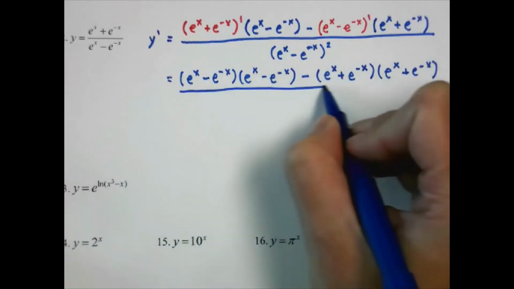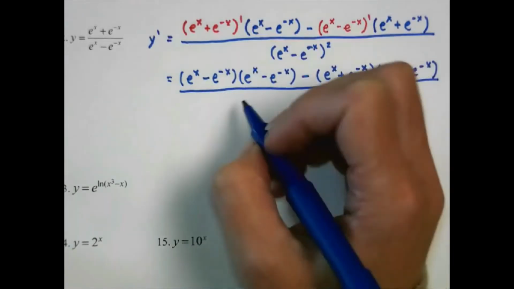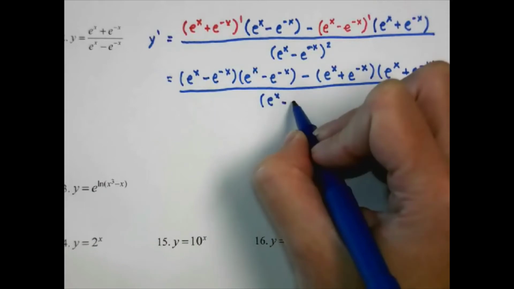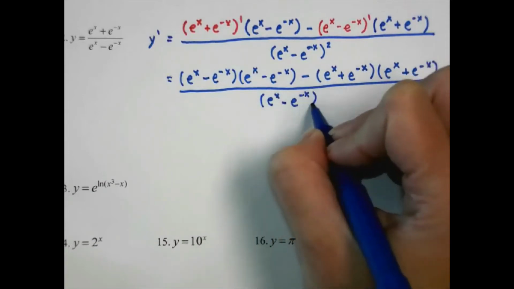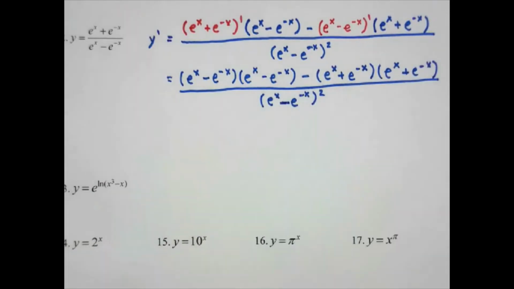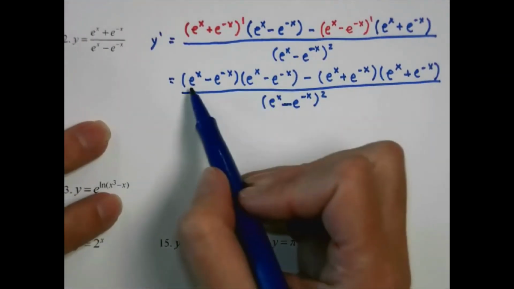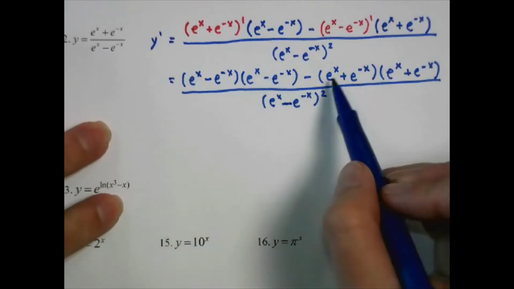All of that over e to the x minus e to the negative x squared. Okay, you can stop here. I am going to go ahead and continue to simplify this one because it does simplify down pretty good. So we're going to FOIL each of these sets.